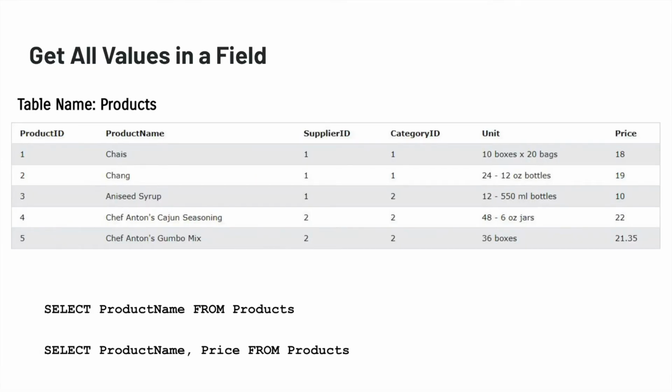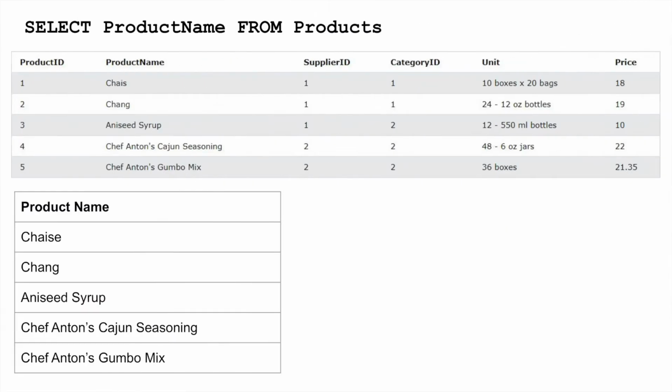Now let me just show you an example here. What we're going to do in these next few examples is get all the values in a specific field, like product name or price, from a table, using these two statements. If we look at the first statement, select product name from products, we're always going to have the name of a field.